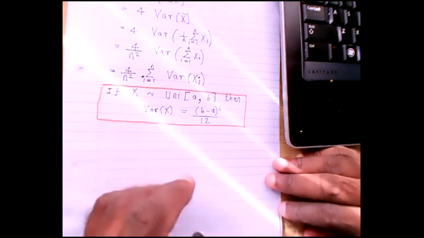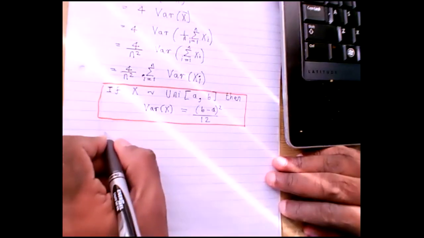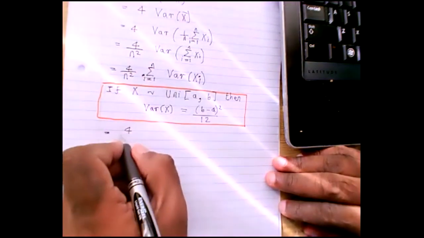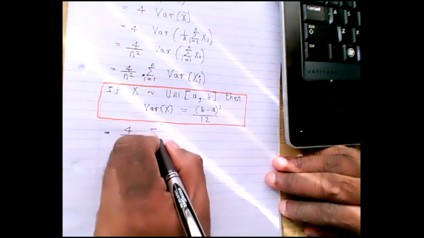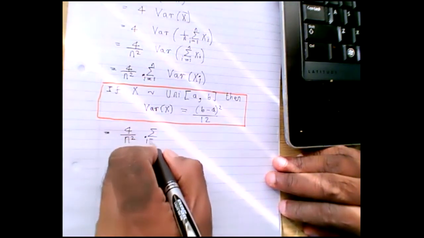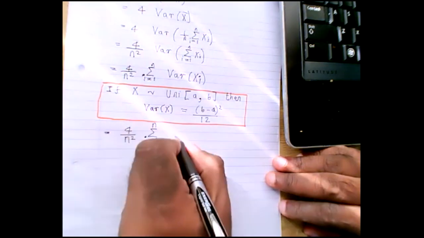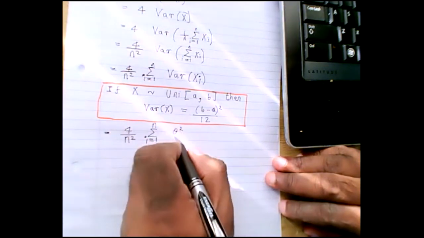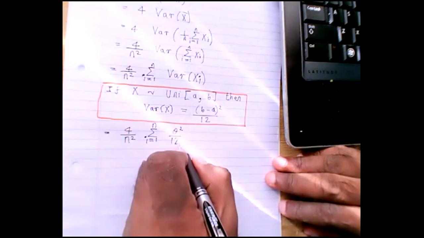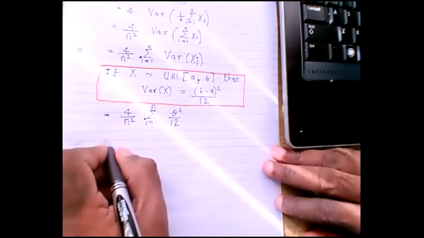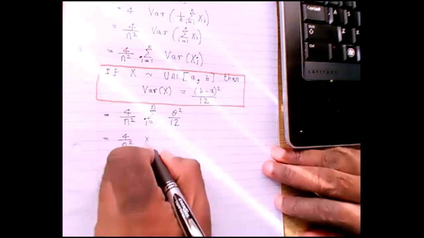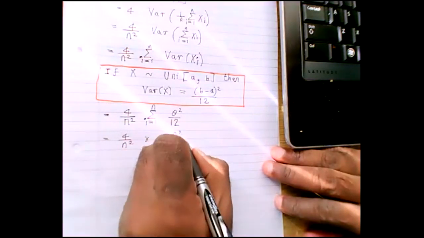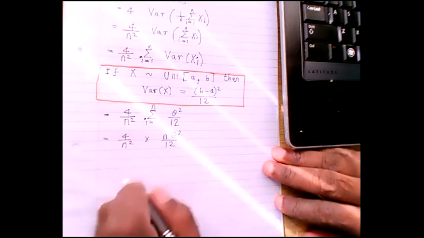Yeah. So if you use this formula, guys, this is what you will get: 4 over n squared multiplied by the sum of theta squared divided by 12. Okay. So this is 4 over n squared multiplied by n theta squared divided by 12, right?